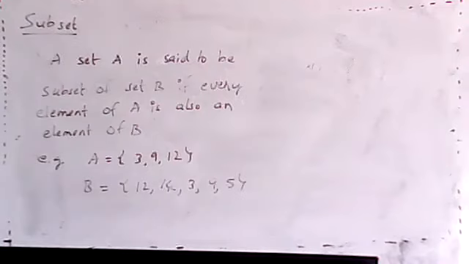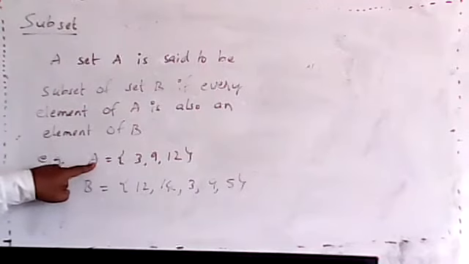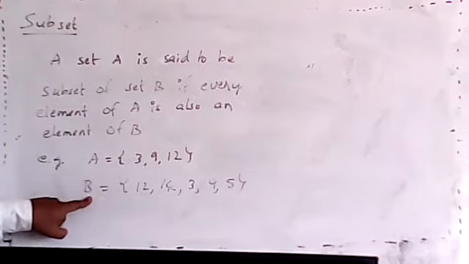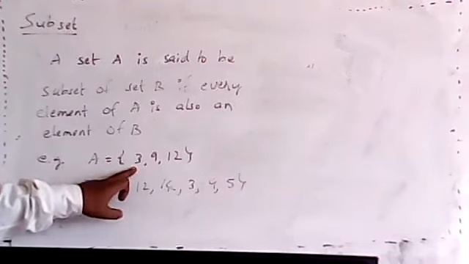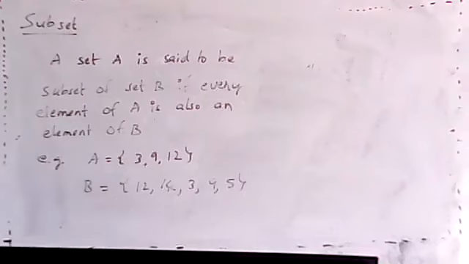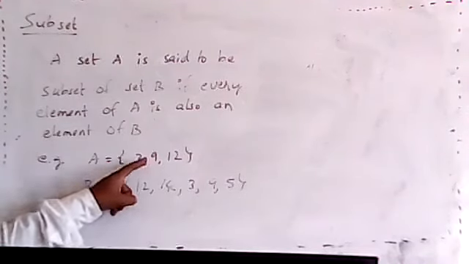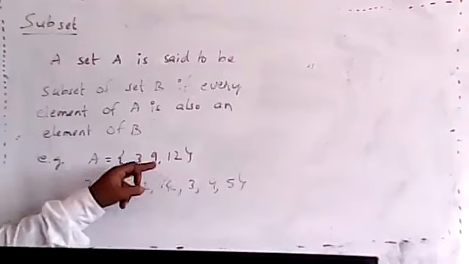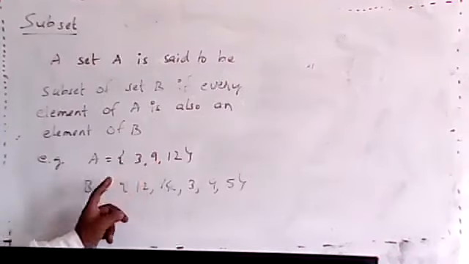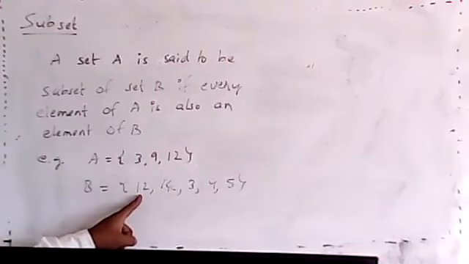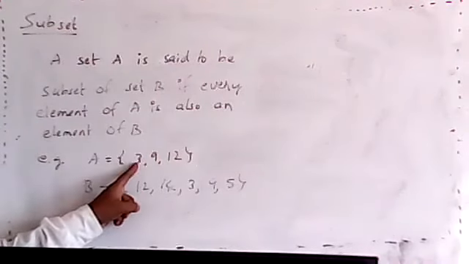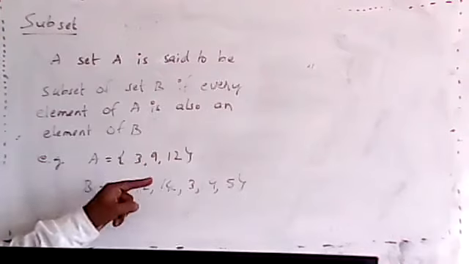Now my definition tells that if you want to say set A is a subset of set B, then every element of set A must be the element of set B also. Whether 3 is here and whether 3 is there, yes, it is there. Set A has got 9, whether 9 is there in the set B, yes, 9 is there. Set A has got 12, whether 12 is there in this, yes. Every element of set A is also an element of set B.